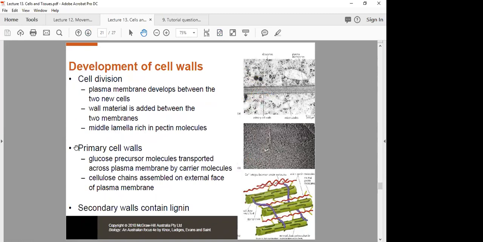Most plant cells will develop an initial thin cell wall called a primary cell wall. Some plant cells also develop a second layer called a secondary cell wall, and the secondary cell wall is strengthened by the presence of a substance called lignin. These are also concepts that we'll come back to in other lectures and in other subjects.